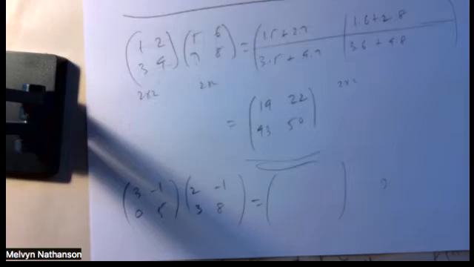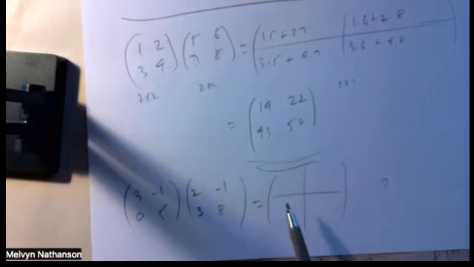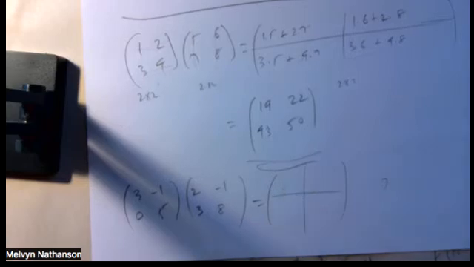I think we got an answer. It's going to be another 2 by 2 matrix. What's the coordinate in the first row, first column?